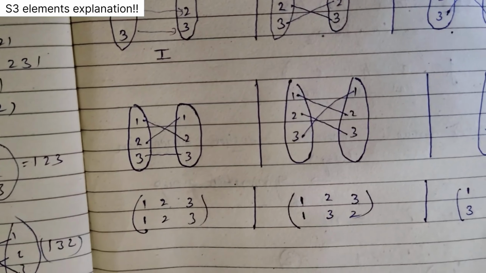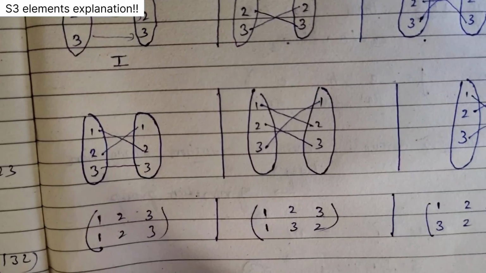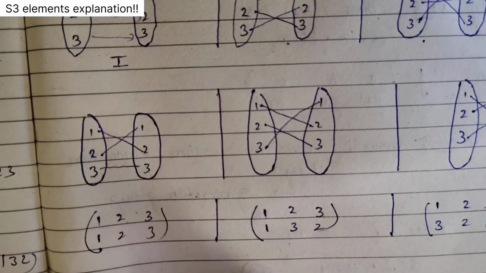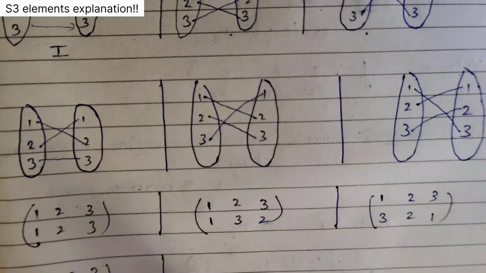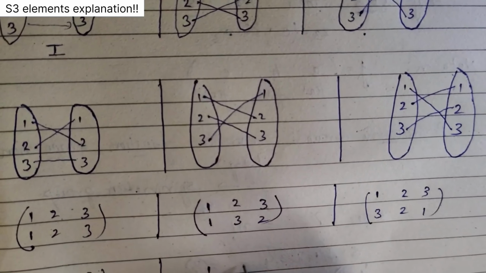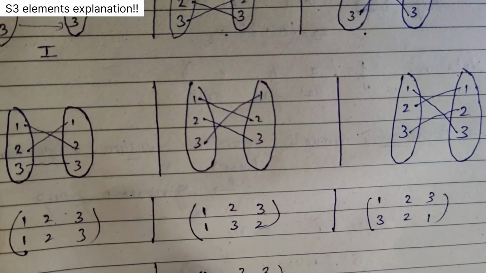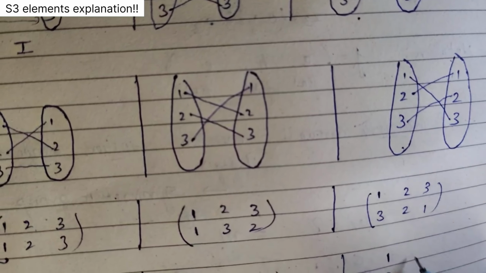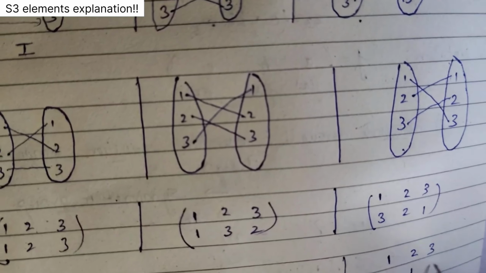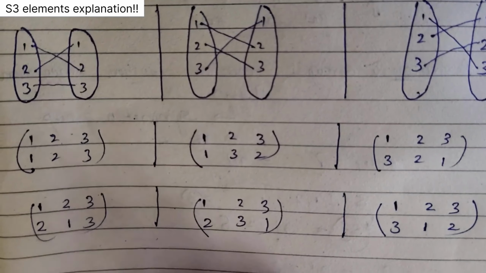Next, 1 to 2, 2 to 1 and 3 to itself. Next, 1 to 2, 2 to 3 and 3 to 1. And for the last, 1 to 3, 2 to 1 and 3 to 2. So we got the permutation representation.